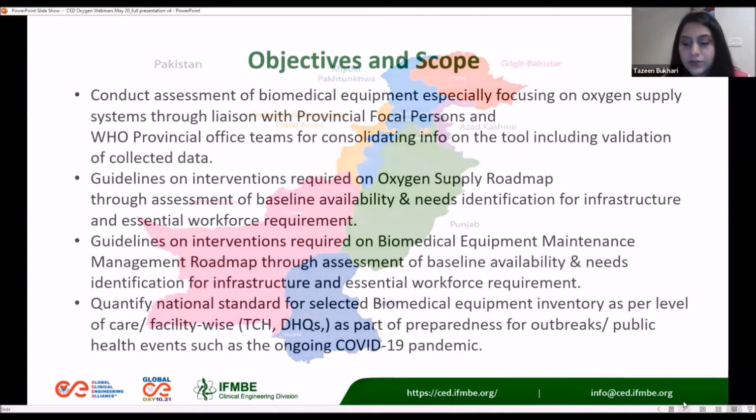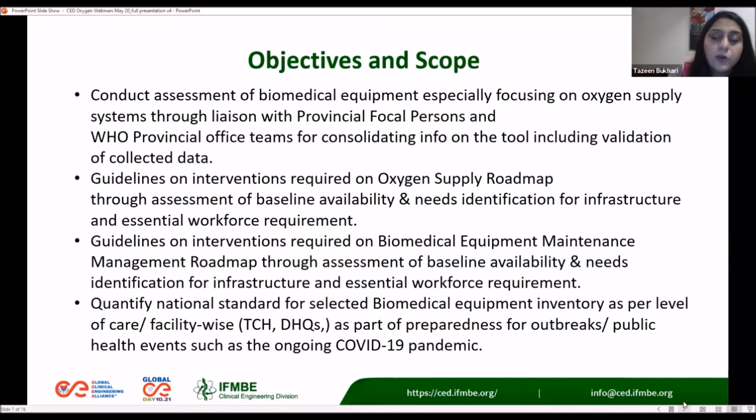The objective was to create the baseline for biomedical equipment, to gauge the preparedness for COVID-19, and to define needs and make informed decisions for procurement and relocation of resources for a second or third wave or any other respiratory disease. My task was to facilitate and validate data through liaison with the WHO provincial office and the provincial focal persons in the government.